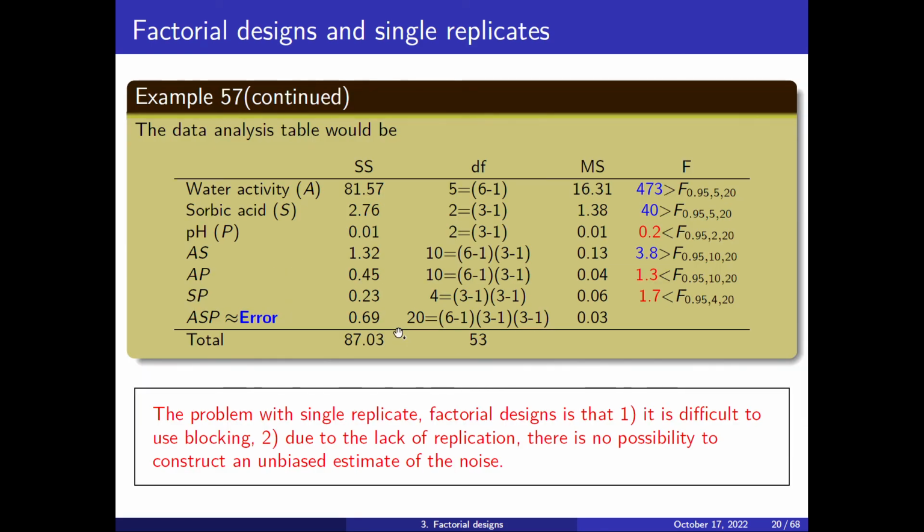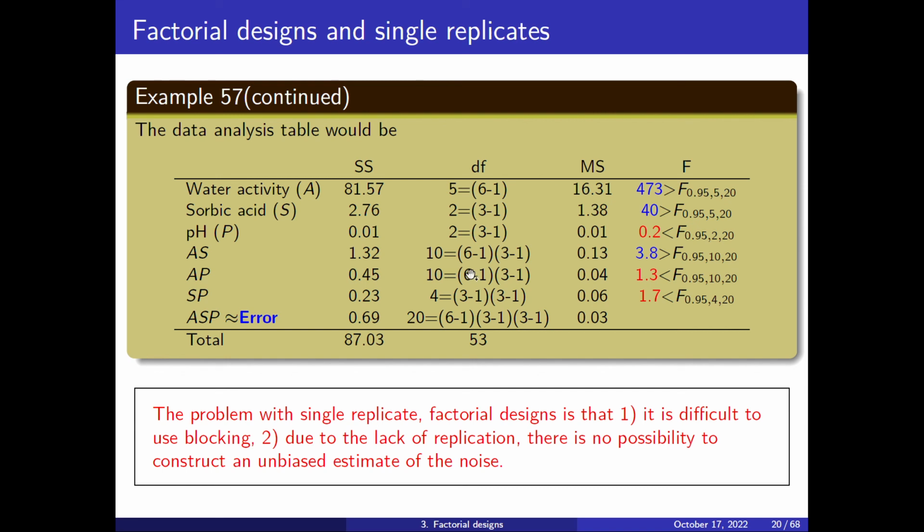So this is the ANOVA table for this experiment. We see that we have 5 degrees of freedom for the water activity, 2 degrees of freedom for the sorbic acid, 2 degrees for the pH, and then we have the interactions. A times S is 5 times 2, that is 10. A times P is 5 times 2 again, and then S times P is 2 times 2, 4.